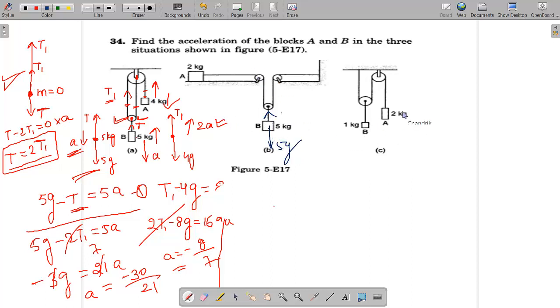We will take it as 2T directly. Okay, we'll assume T here. That is half of it. So we assume this is T, and this is 2T. So on the 5 kg block, it is 2T upwards, and 5g downwards.